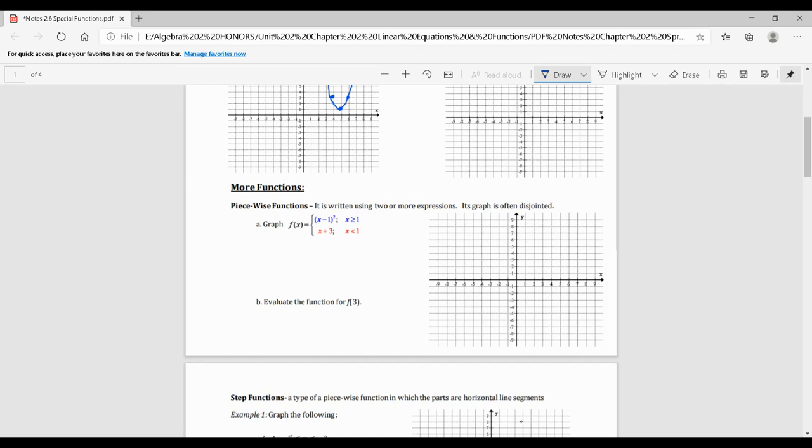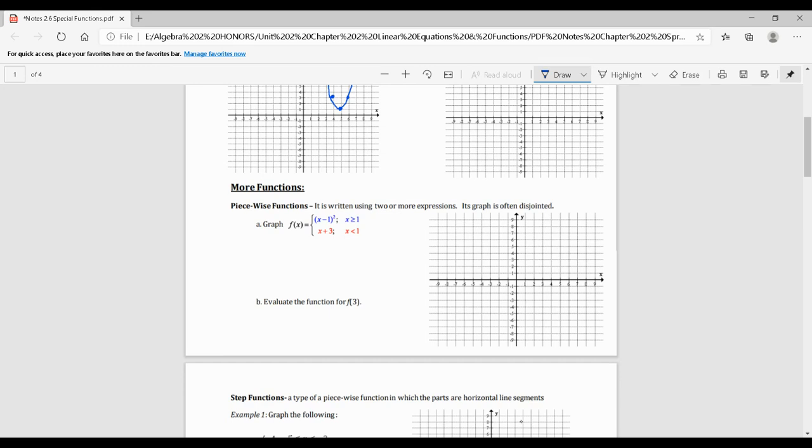So here's my x values of 1. I'm only going to have a parabola on this end of my graph. Then I have a linear equation for all values less than 1. So over here towards the second and third quadrant will be the linear.